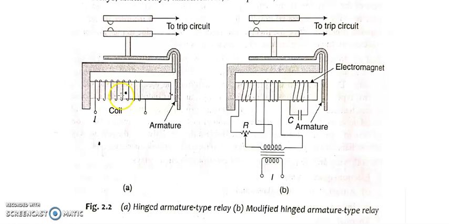Due to this flux, it gets electromagnetized and exerts force on this armature, which is the movable part. It gets attracted, and due to the attraction this gets pushed up, both may come in contact, and it is given to the trip circuit.